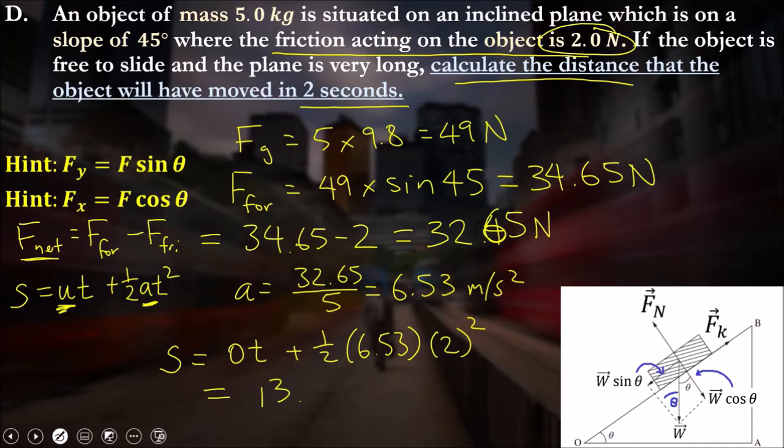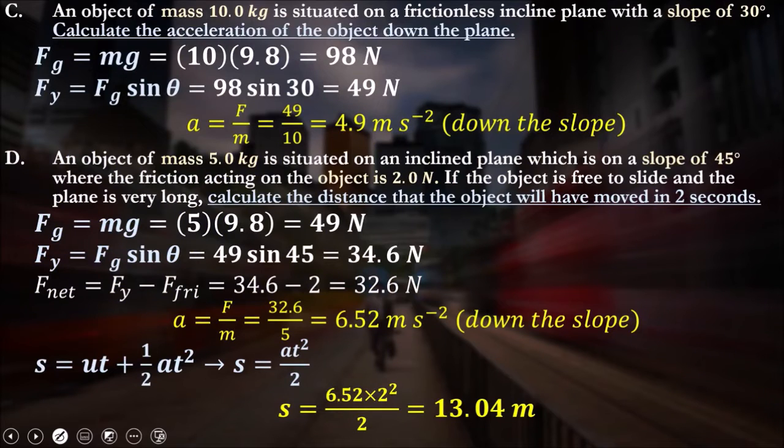That's what the answer said. Or 13.06 meters. And that's how far the object traveled down the slope in those 2 seconds. And there you go again. Just a bit of a reference back to that.